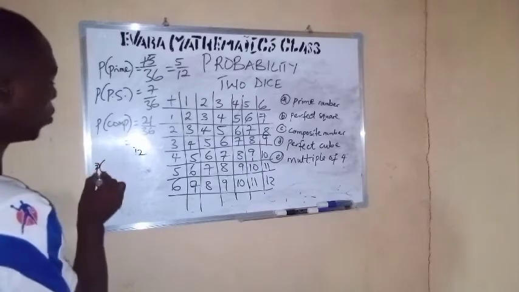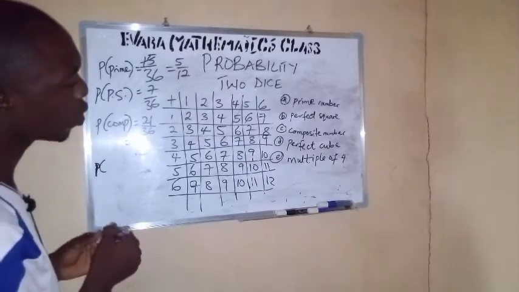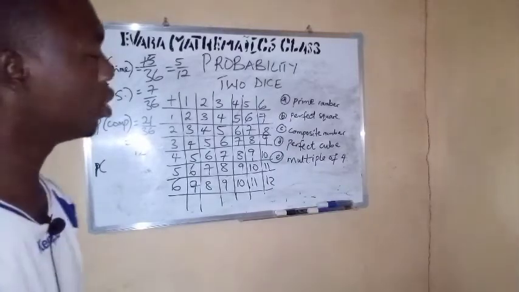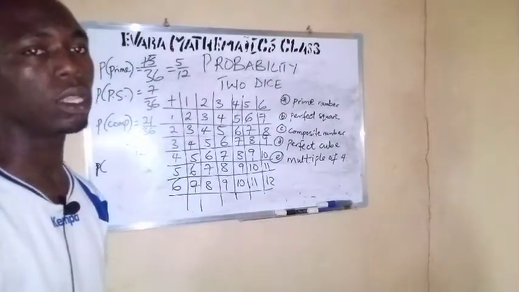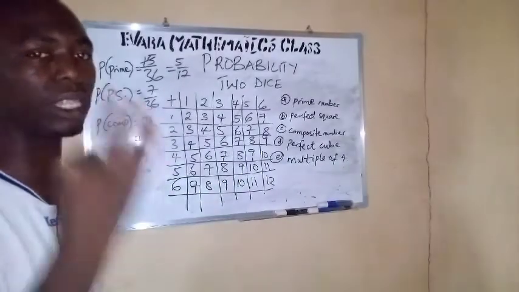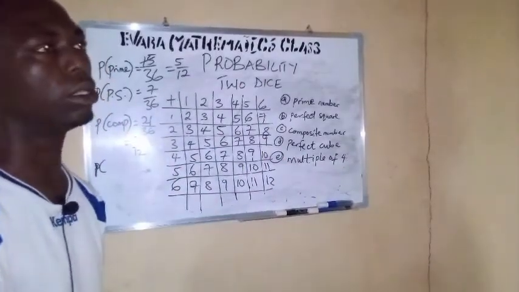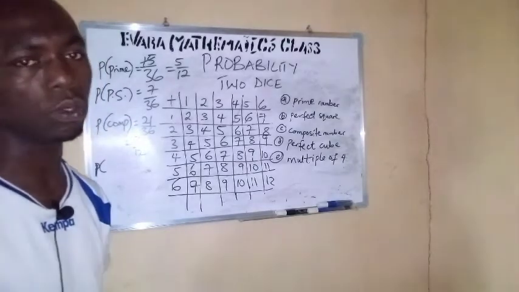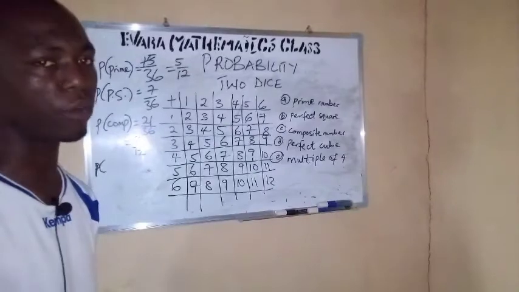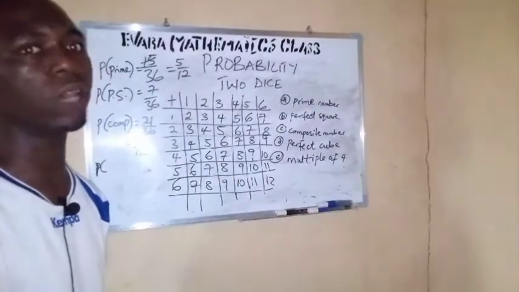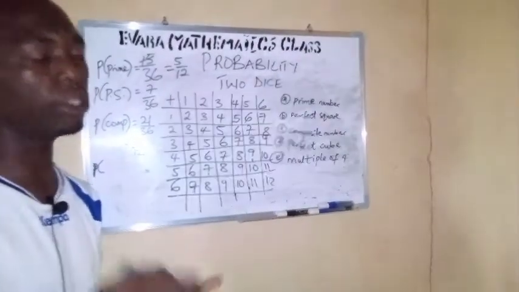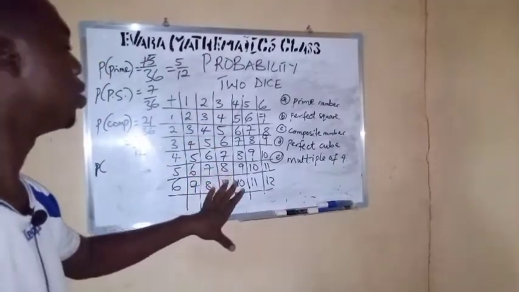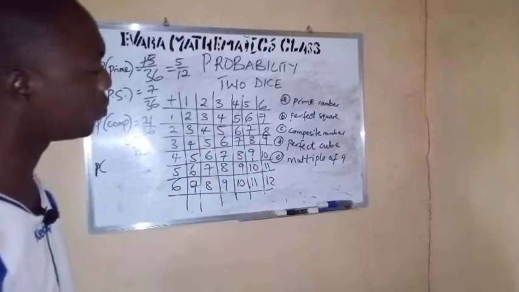The next one, the probability of getting a perfect cube. A perfect cube is a number that can be gotten by multiplying a particular number by itself 3 times. Like 8. 8 is 2 times 2 times 2, so 8 is a perfect cube. Another perfect cube is 27, which is 3 times 3 times 3, but we cannot get 27 from this table since the highest value here is 12.